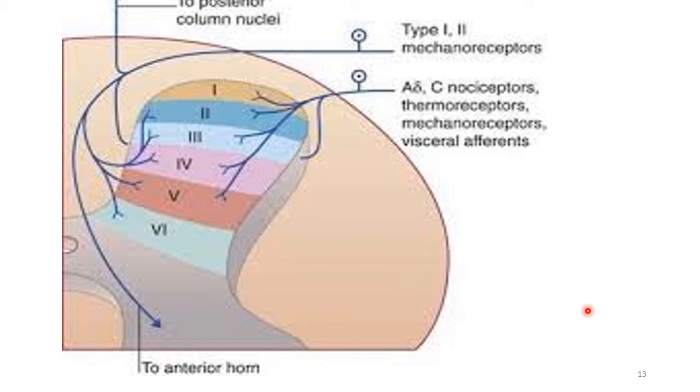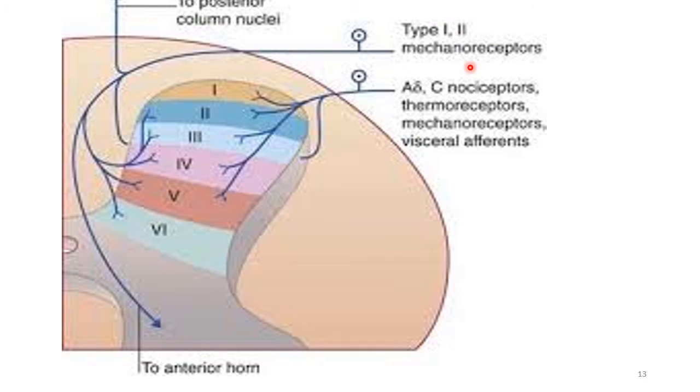Next slide. This is the medial division and this is the lateral division. As soon as the central process of the dorsal root ganglion neuron reaches the spinal cord, it divides into two, medial branch and lateral branch. Lateral branch is responsible for chronic pain, less discrimination: A delta and C nociceptor fibers, thermoreceptors, mechanoreceptors, visceral afferents.